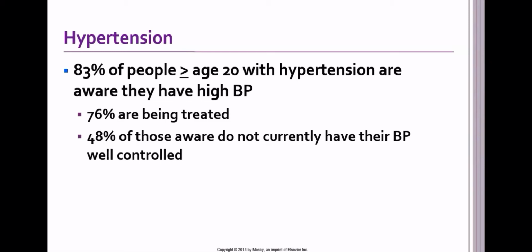Data from NHANES shows that 83% of people 20 years of age and older with hypertension were aware that they had high blood pressure. Of these, 76% were being treated. Of those aware of their hypertension, 48% did not currently have their blood pressure well controlled.